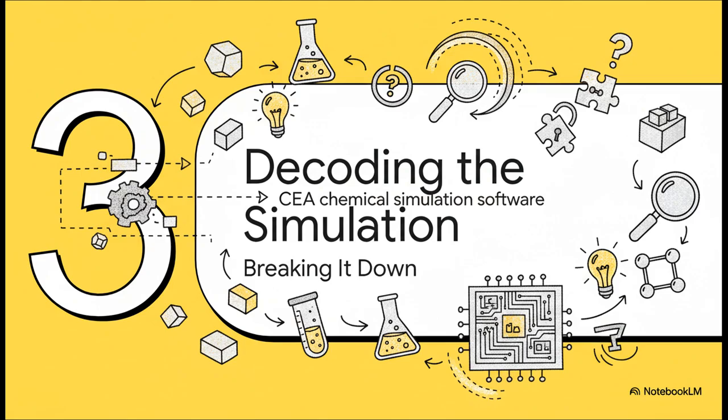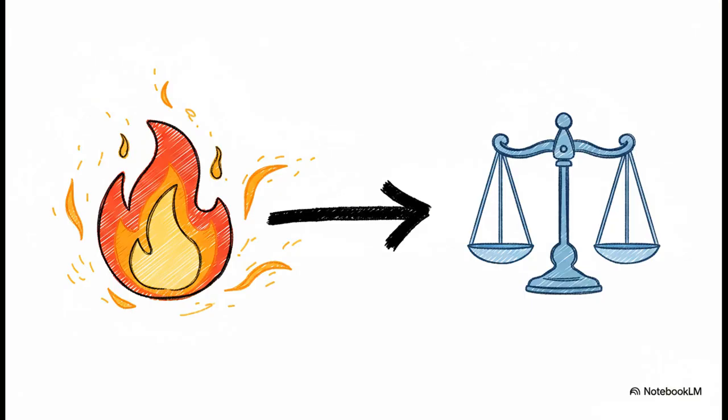We're going to decode this by breaking down the key terms in that sentence, and that's going to show us how CEA actually works. First up, you see two big concepts in there: chemical equilibrium and combustion. Now, they sound related, and they are, but they describe very different things. Combustion, that's the action. It's the fiery, rapid process of burning.